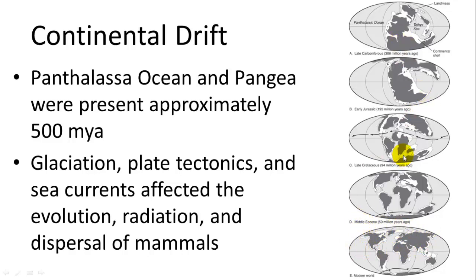These events have affected speciation, distribution, radiation, and dispersal of mammals throughout the world, and we can attribute some of the patterns that we see to this geographic continental drift.